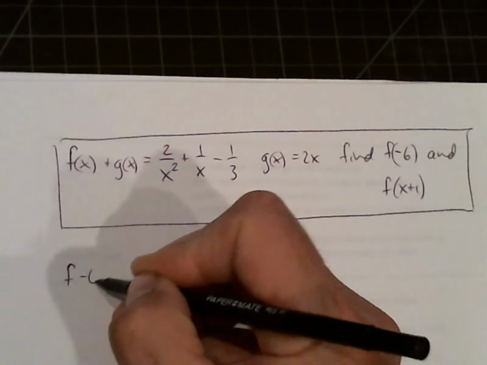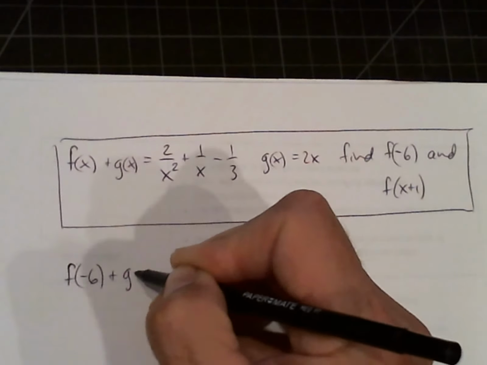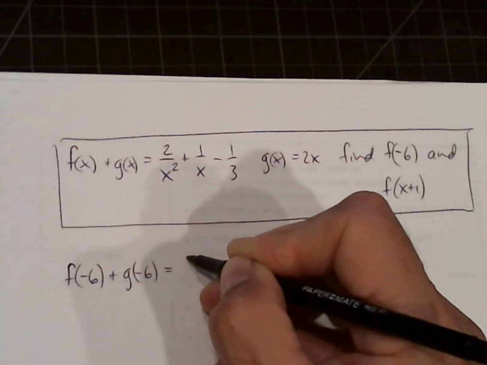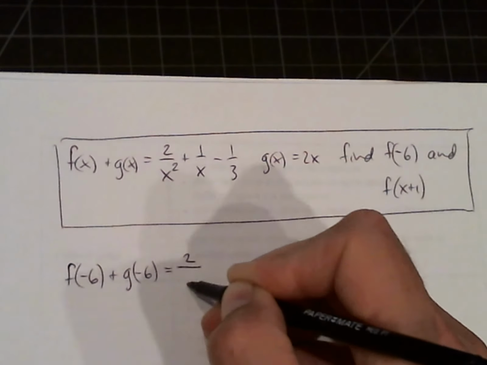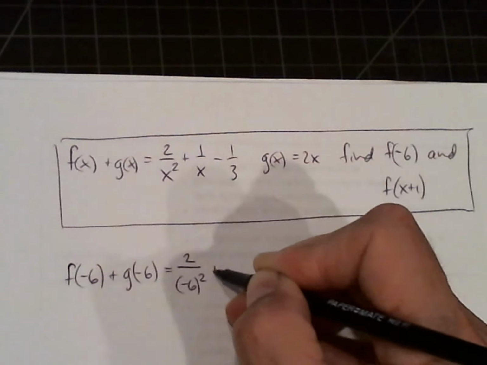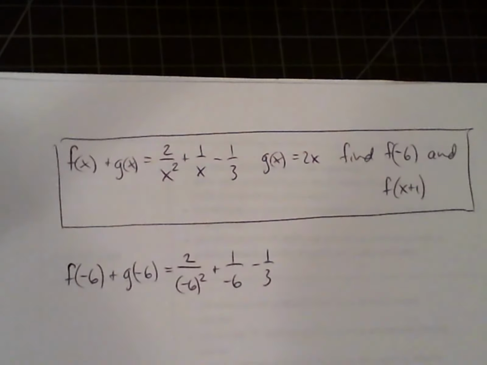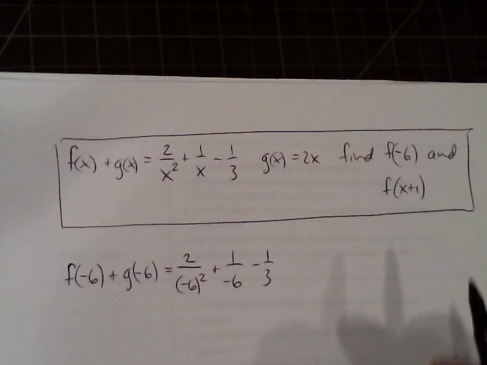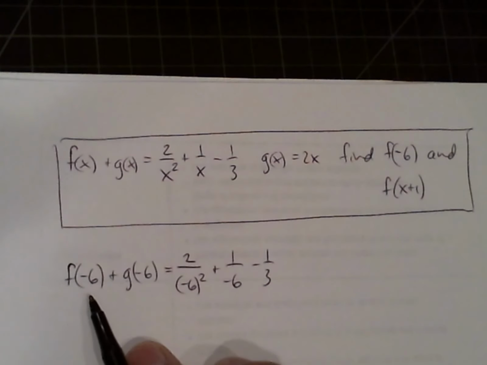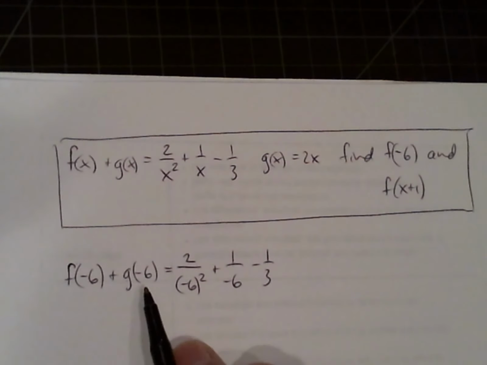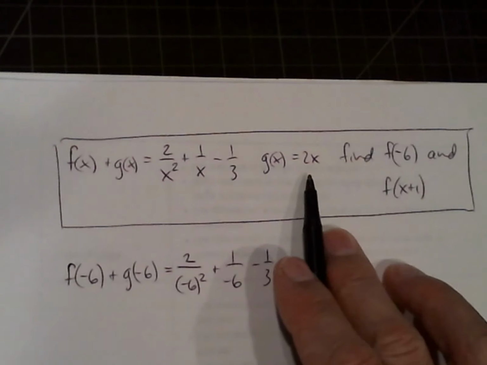So f of negative 6 plus g of negative 6 equals 2 over negative 6 squared plus 1 over negative 6 minus 1/3. We want to find f of negative 6, so all we have to do is get that by itself. And we know what g is. It's 2x.